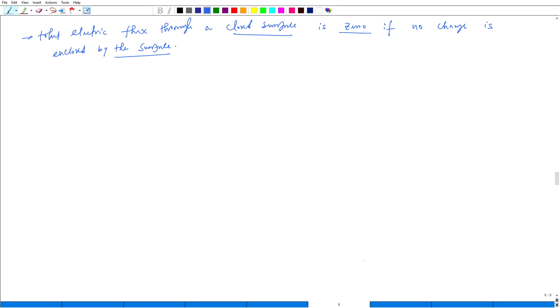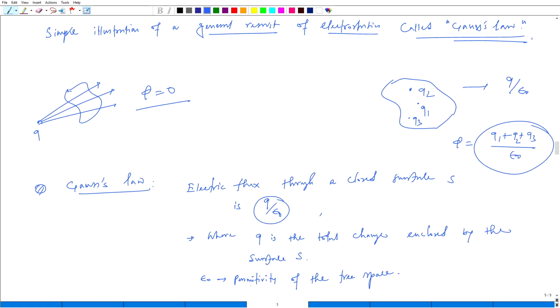Okay, so that we discuss here, right. So if we consider a closed surface here, remember it is not an open surface, it is a closed surface, then the phi is 0.